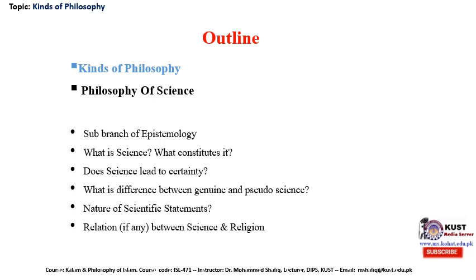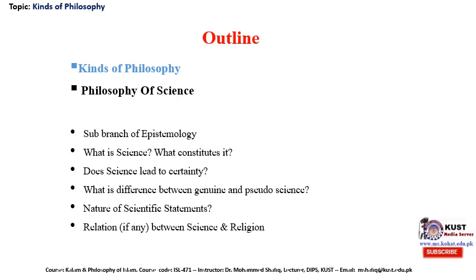Philosophy of science also deals with the question of the nature of scientific statements. It also deals with the relation between science and religion, and that is again a very intriguing problem of philosophy. Is there any relation between science and religion?